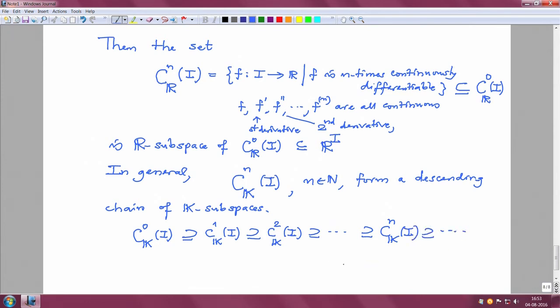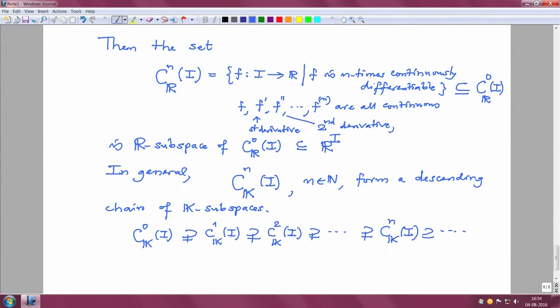If you have studied more analysis, then you would note that at every stage this inclusion is proper. That means you have to construct functions which are n times continuously differentiable but not n plus 1 times continuously differentiable. And the construction of such functions is usually done in the analysis course.